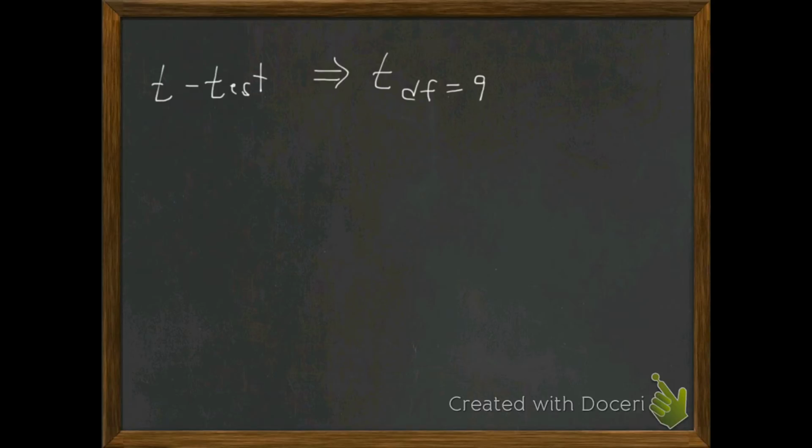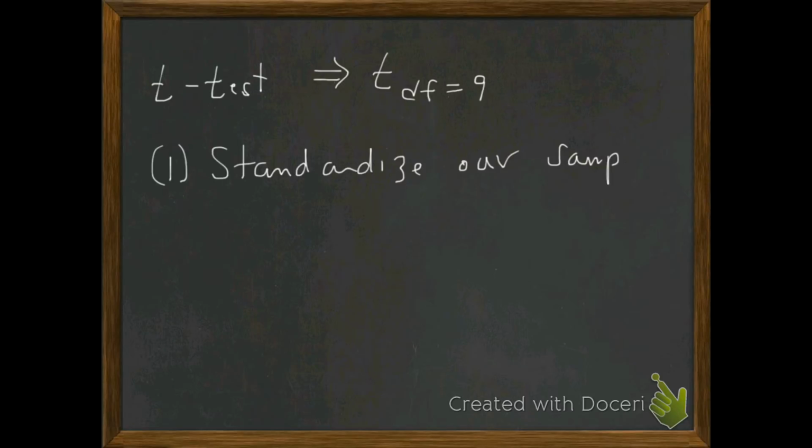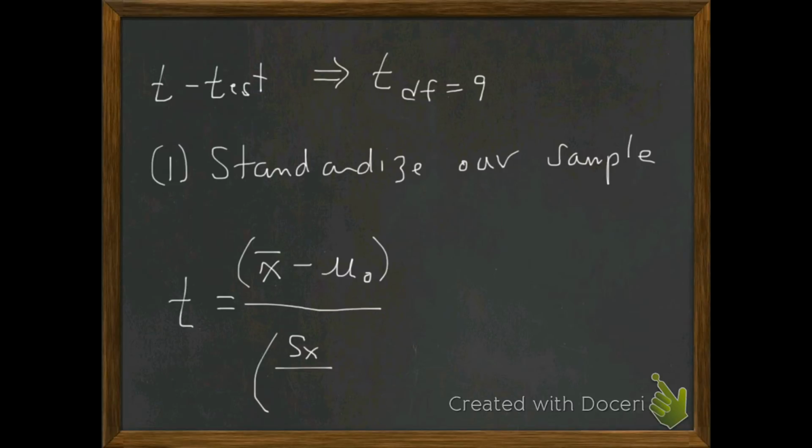Now, the first thing we want to do is find our standardized measure. We want to standardize our sample, and we do that with what's called a t-score. The t-score just tells us how far away from the claim our sample mean is in terms of standard errors.